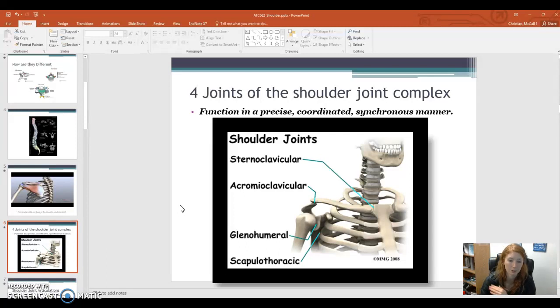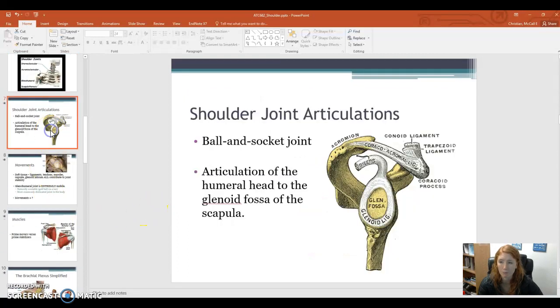We often see AC joint sprains in football players and impact sports, a sprain to the ligament that holds that down. Then we have the glenohumeral, which is our ball and socket. It's our main mover, main motion area. But then also the scapulothoracic.